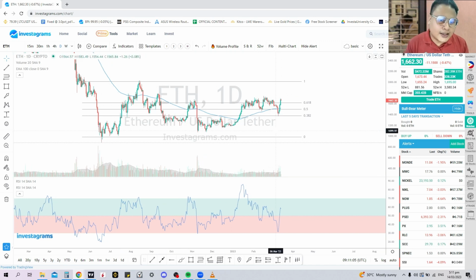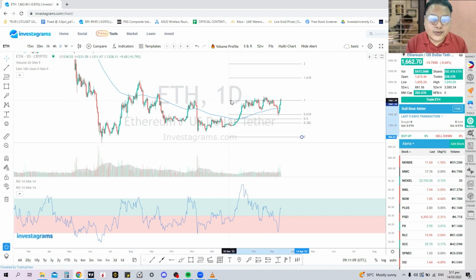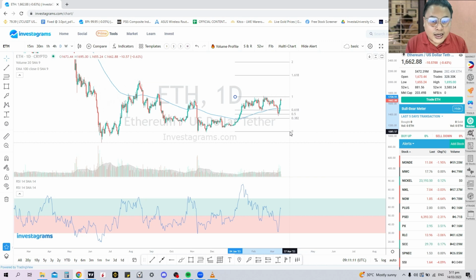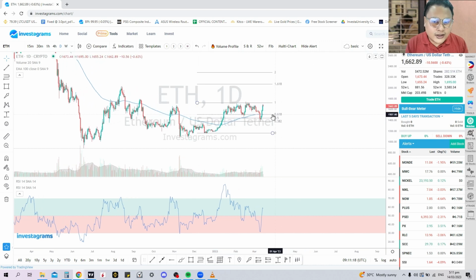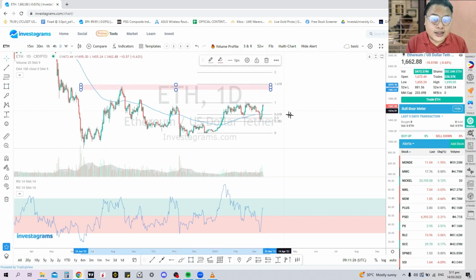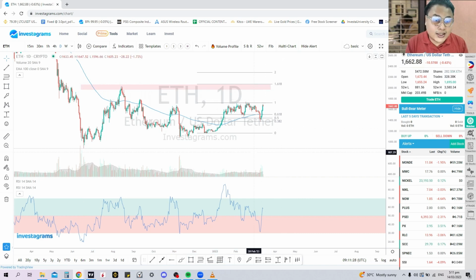So, ang pwede natin gawin dyan is we readjust our fib levels papunta dito sa recent trading range na, no? So, from this swing low to swing high, if price breaks above the 100% level, our next target will be possibly at 1.618 level.